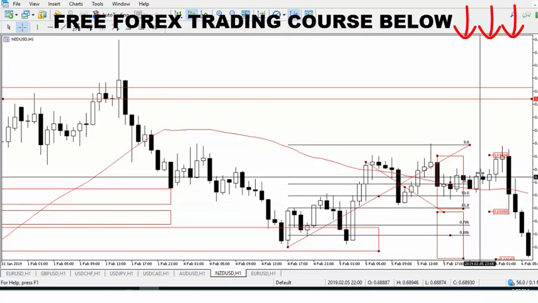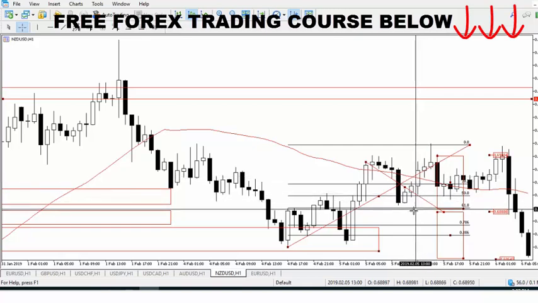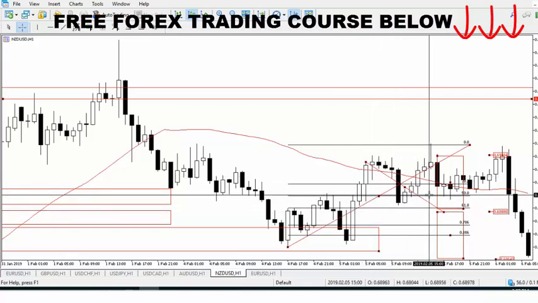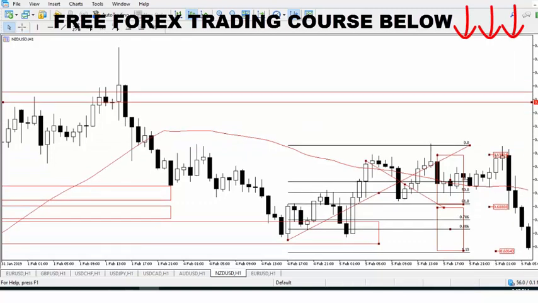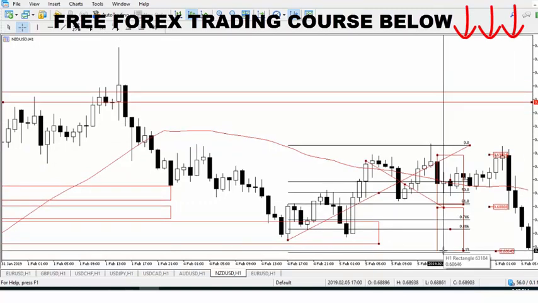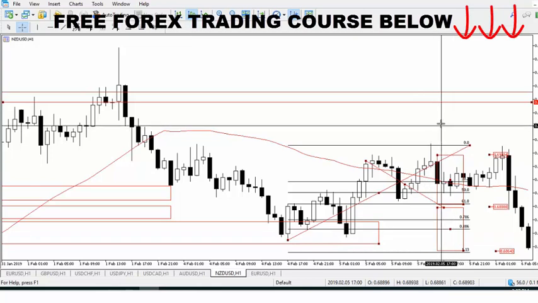Then we would have had stops slightly above that. Let me see the stops for our bullish 2618. We'd have had stops down here. Let's see what level this is. It's 68.64, so that's where our stops would have been.